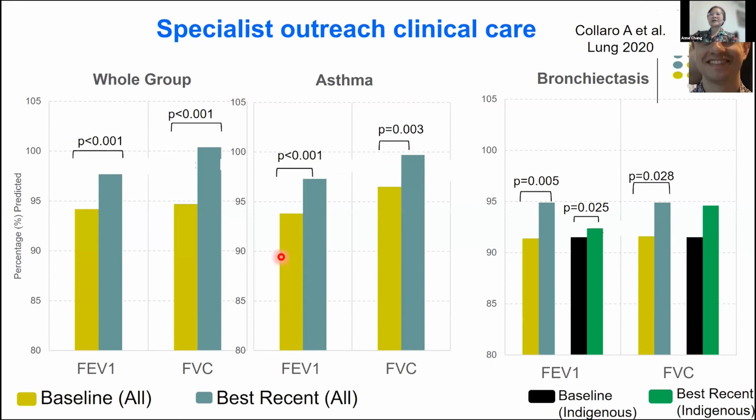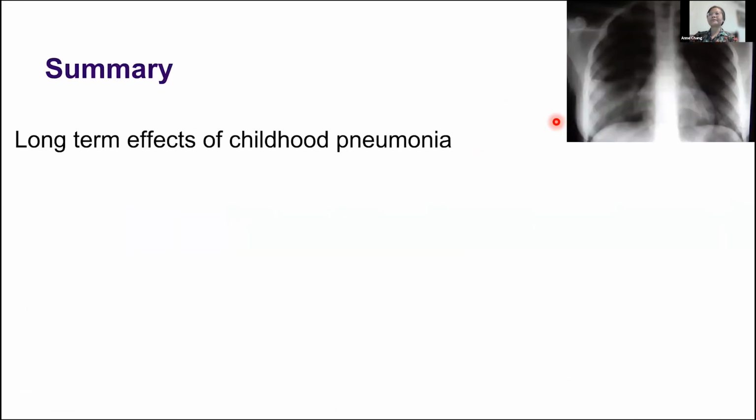If they were looked after by us in conjunction with their local doctors for asthma, after a 12-month period there's a significant increase in their lung function, and similarly with bronchiectasis. So you can improve kids' lung function.